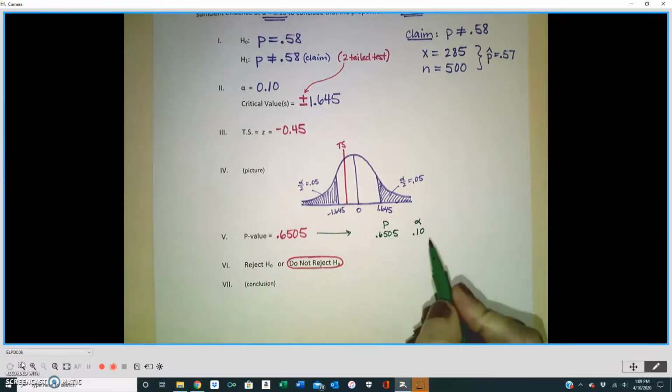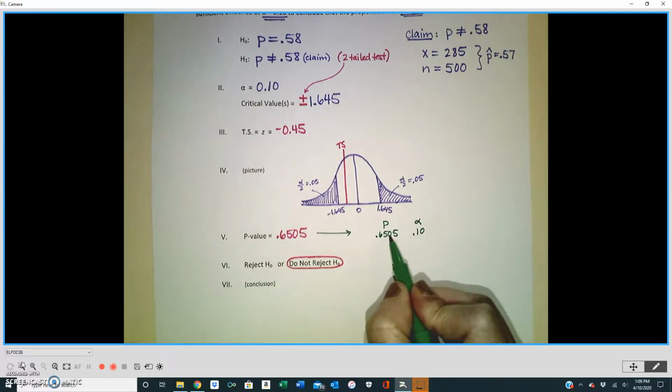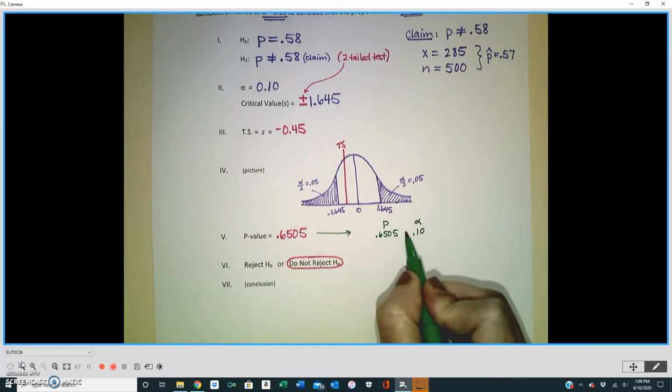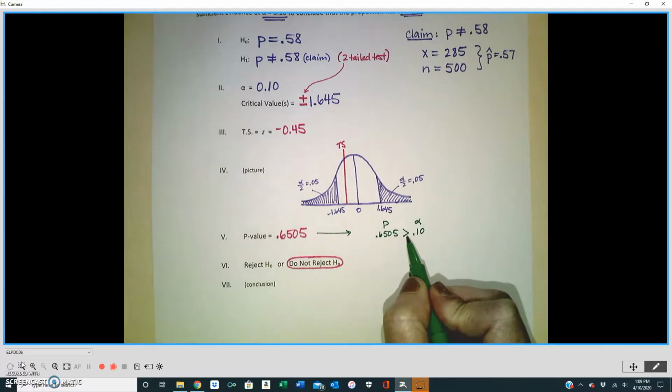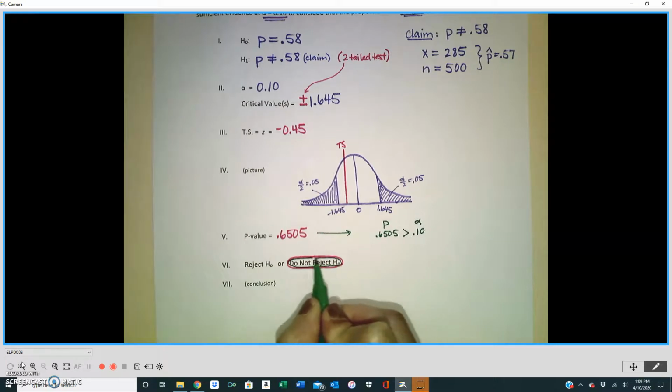Now this is a pretty big alpha, 10%. Remember, that talks about how willing you are to live with the fact you might make a type 1 error. So how does 0.6505 compare to 0.10? Well, it's way bigger. And it's not just a little bit bigger, y'all. This is way, way, way bigger. And so that also tells us do not reject. So we have two things telling us the same story.